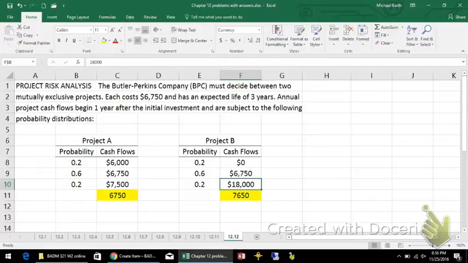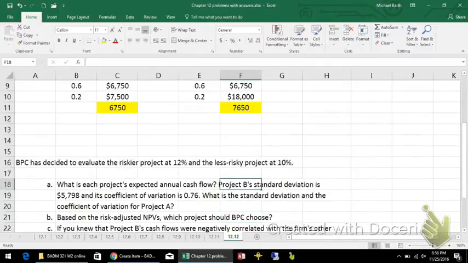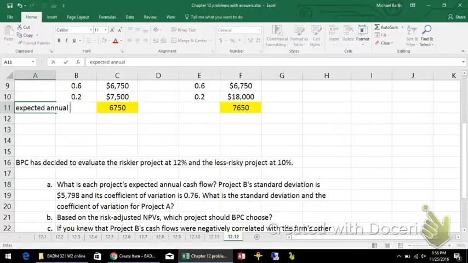So a lot more upside potential, which increases the weighted average expected return. Part A asks what's the expected annual cash flow, and that's it for both projects.